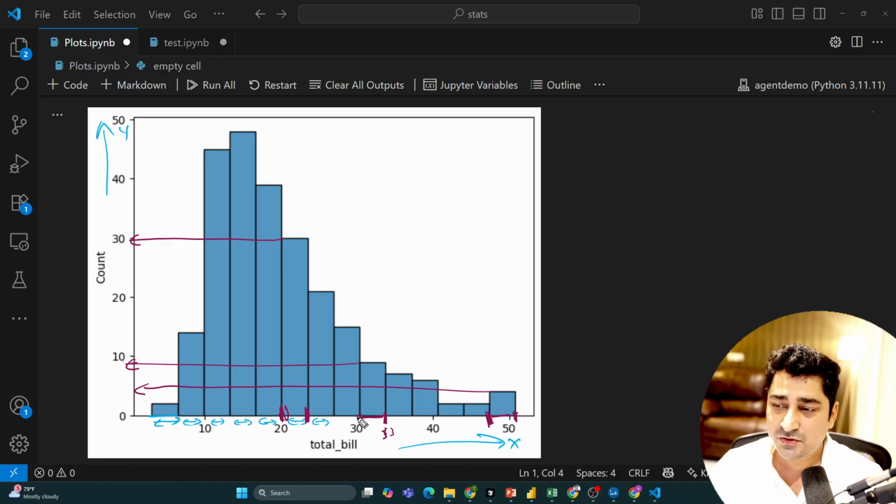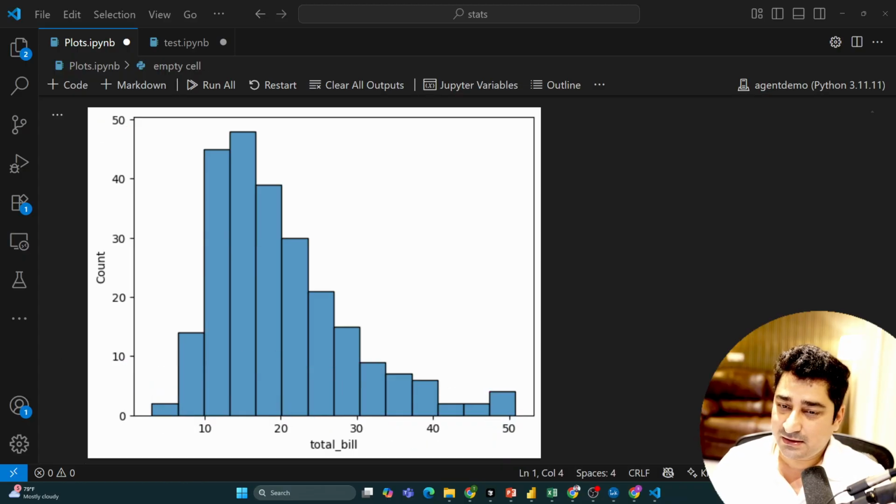In this way, you can understand this entire histogram. As simple as that. So the x-axis is going to talk about the distribution of the data, the range in which your data is fluctuating, and the y-axis is talking about the count inside that distribution, that is, how many people or how many items, something like that. Hope you are able to get some sort of a sense out of it.